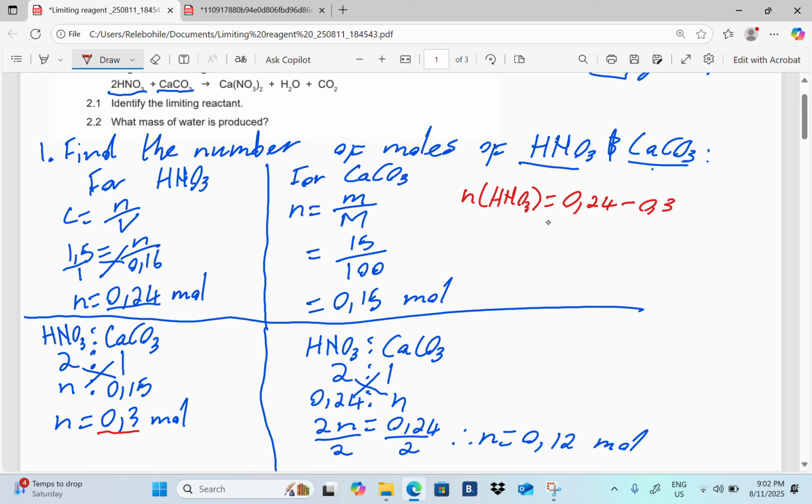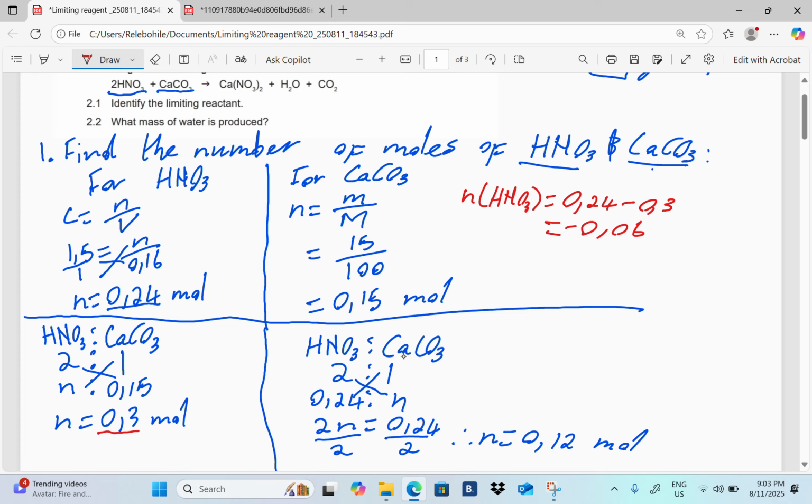You don't have to write this down. You can use a calculator to get your answer. So what I will say is 0.24 minus 0.3, and the answer I get is a negative 0.06. I'll explain what we do with this information afterwards.